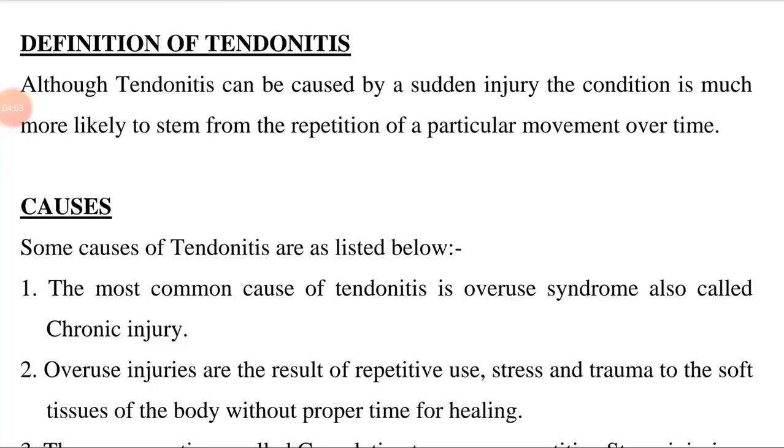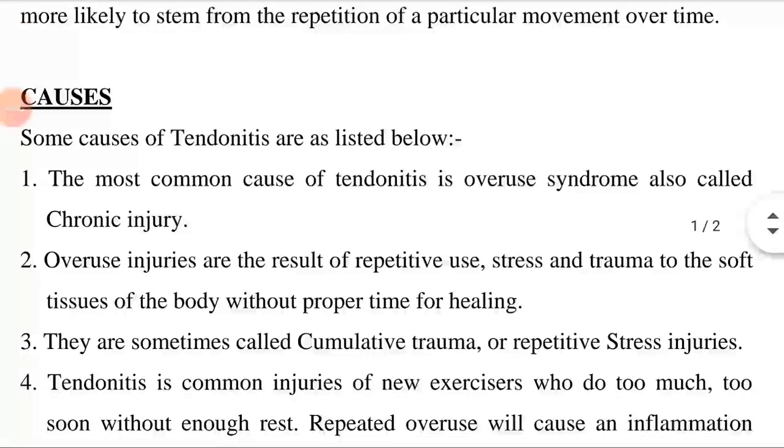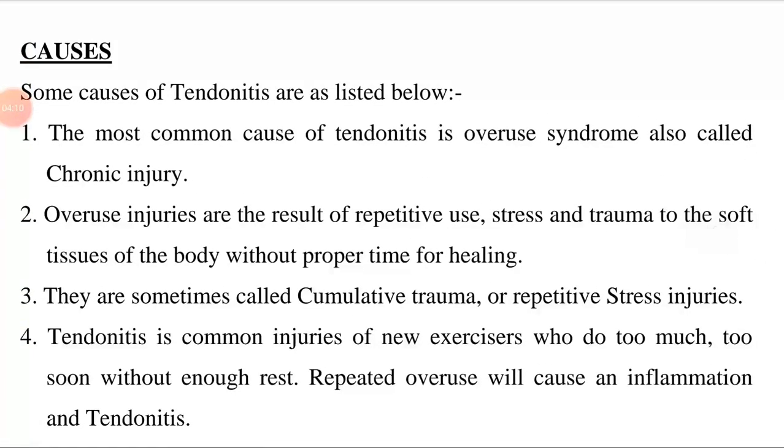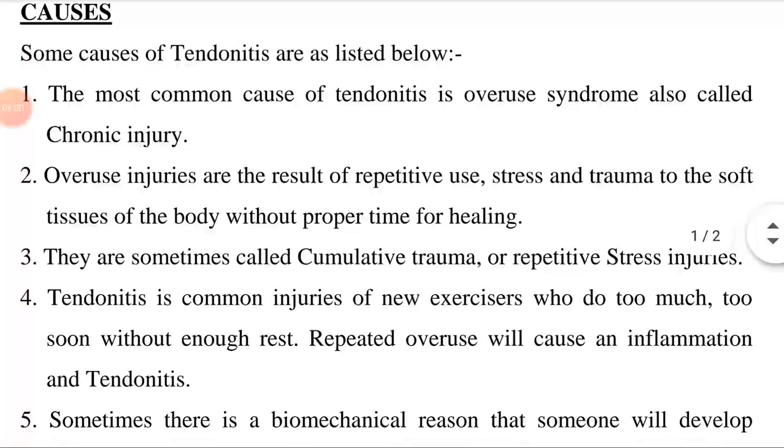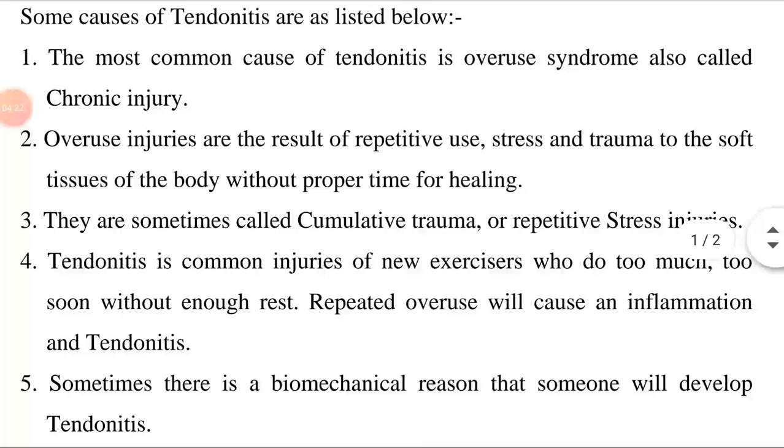Causes mean origin, source, conditions. Some causes of tendinitis are listed below. The most common cause of tendinitis is overuse syndromes, also called chronic injuries, a group of symptoms which constantly occur together.